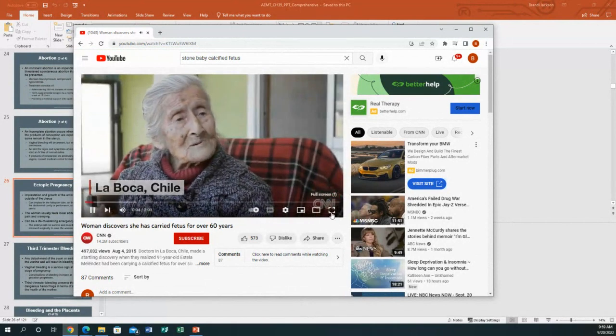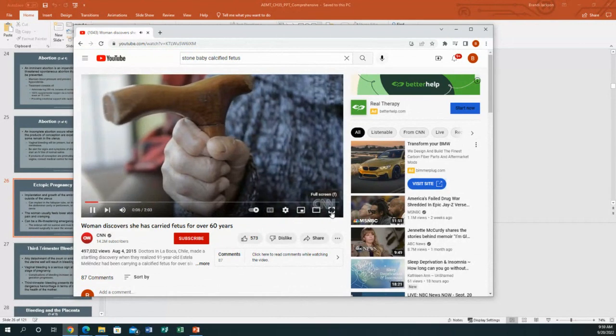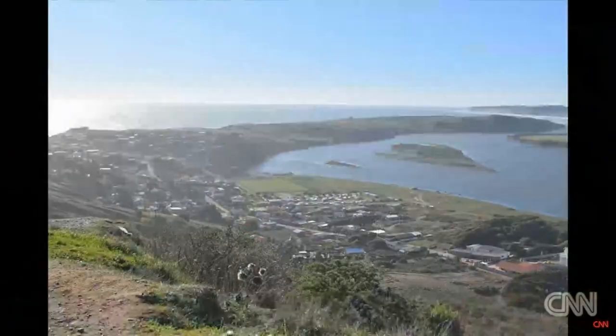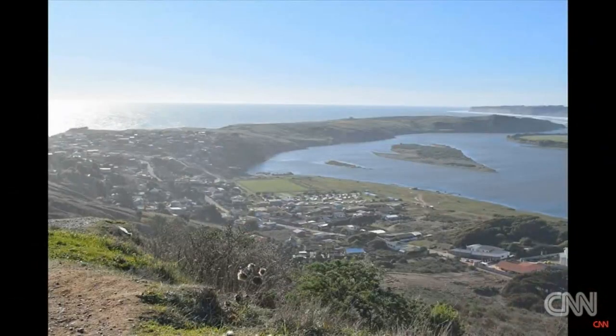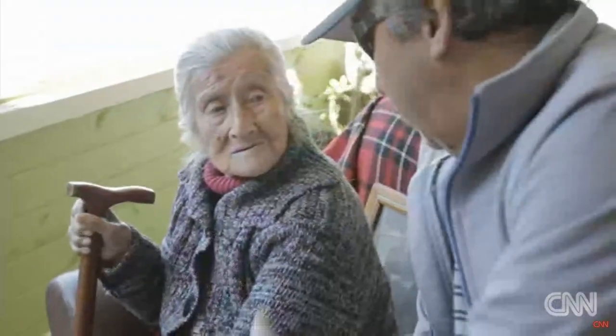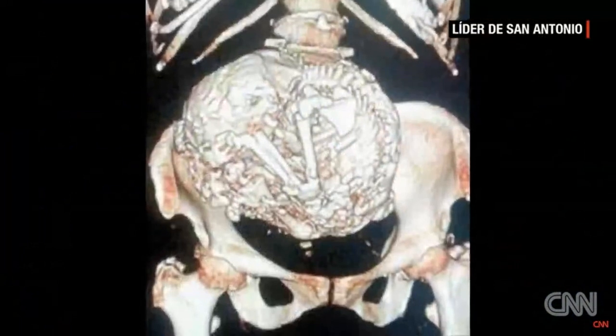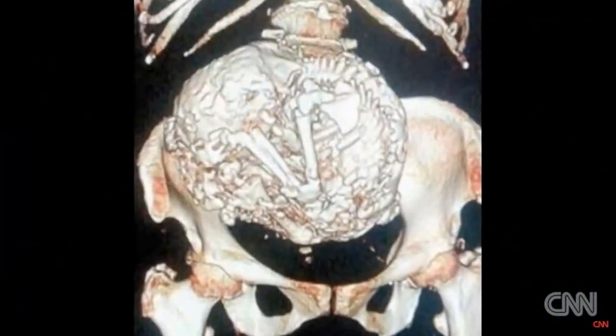She may have difficulty hearing, her gait slowed by arthritis, but otherwise, 91-year-old Estela Melendez is doing just fine. She lives in the peaceful town of La Boca, where the Rapel River meets the Pacific Ocean. But her quiet life was recently upended when she suffered a fall. A doctor spotted something concerning on her x-ray.